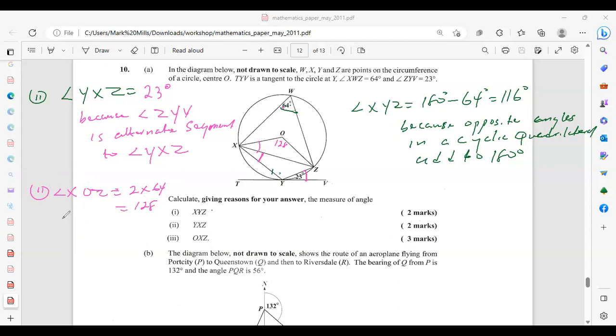Then for angle OXZ, we say 180 minus 128 divided by 2. 180 minus 128 is 52. 52 over 2 gives 26 degrees.